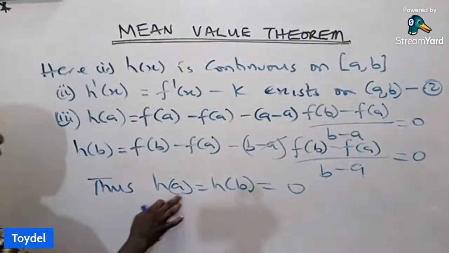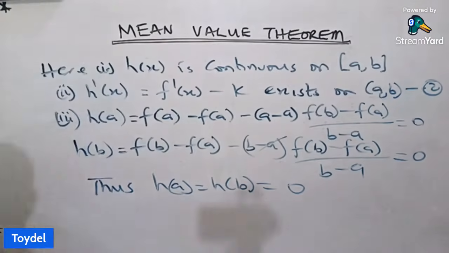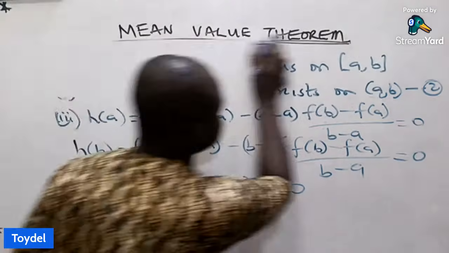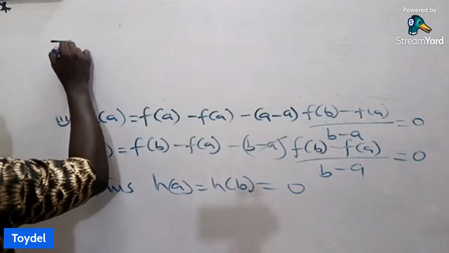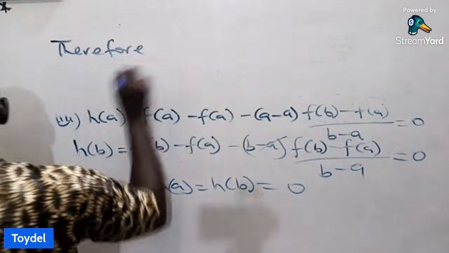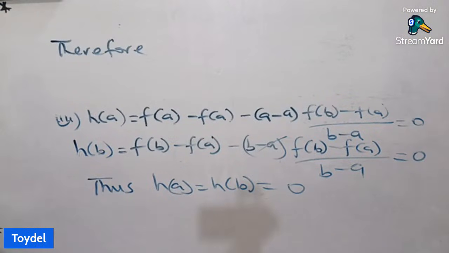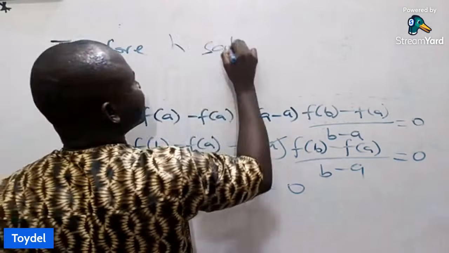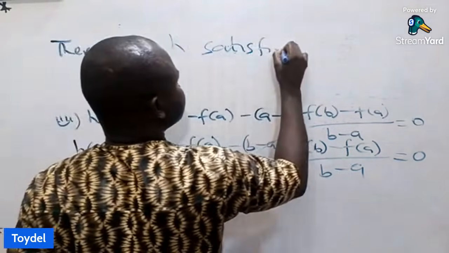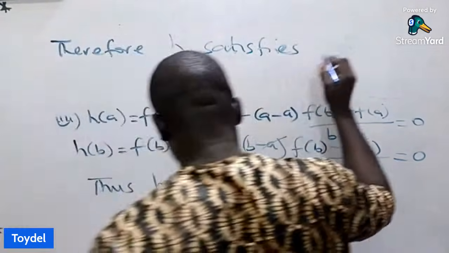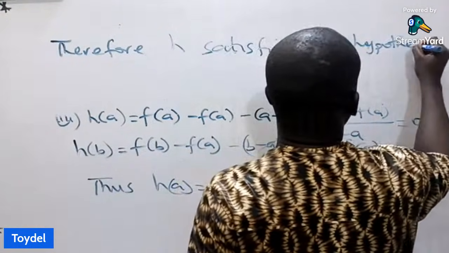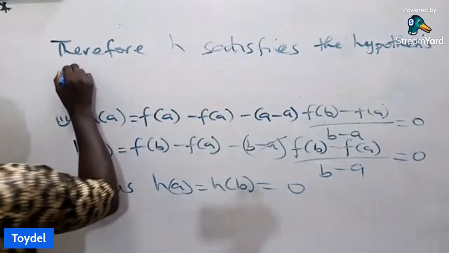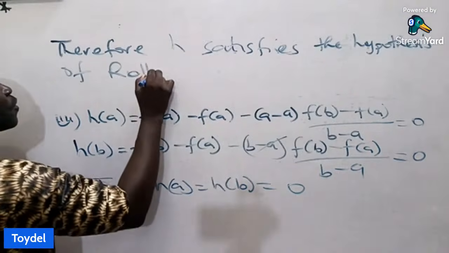Therefore, we can make this statement: h satisfies the hypothesis of Rolle's theorem.